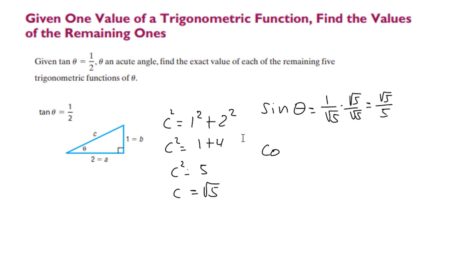Now cosine of theta is adjacent over hypotenuse, 2 over square root of 5. Again, we do the rationalization, and the answer will be 2 square root of 5 over 5.